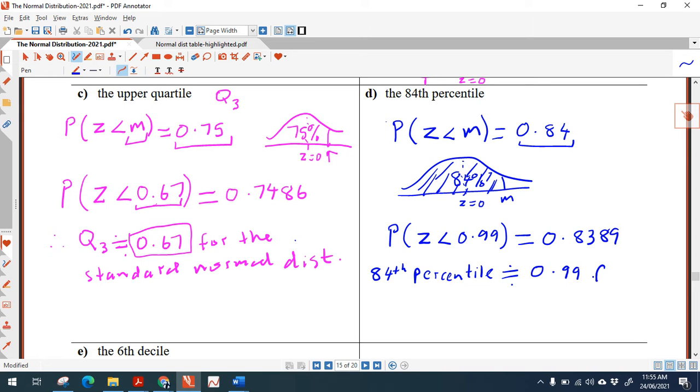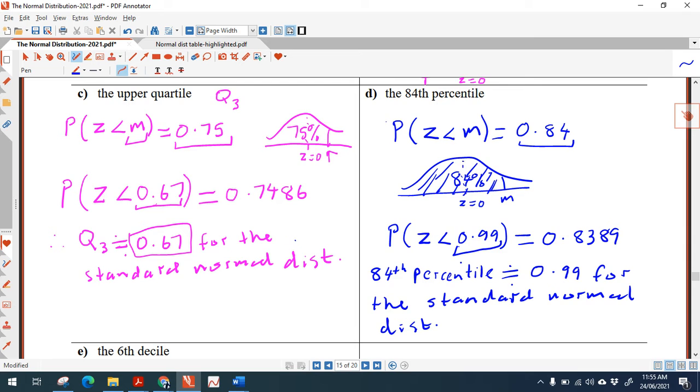And again, I'm going to say that's for the standard normal distribution. All right, so your 84th percentile is a z-score, because we're looking at the standard normal distribution. You could find the equivalent 84th percentile for the x distribution, again, if you use your z-score formula.